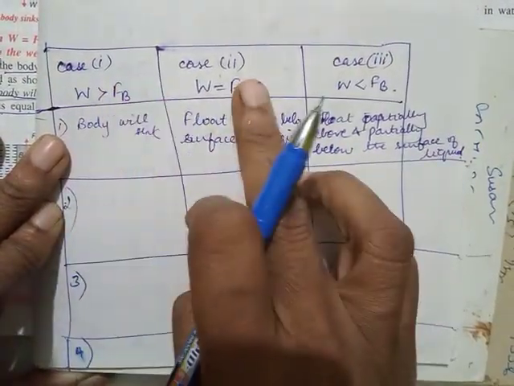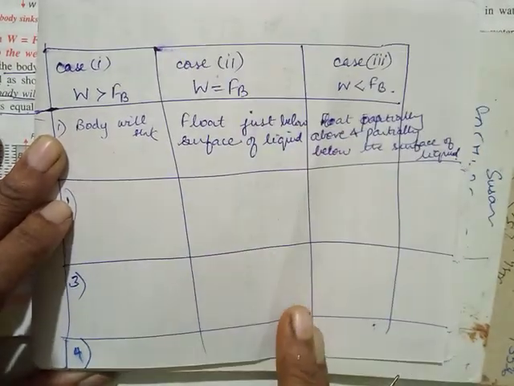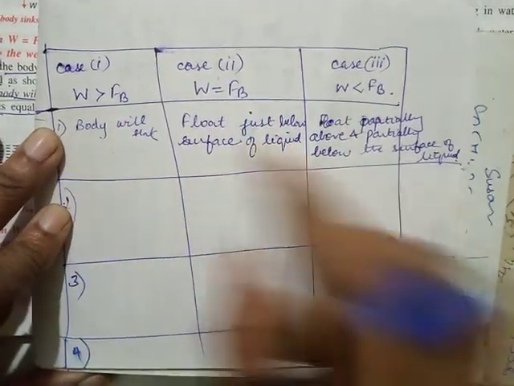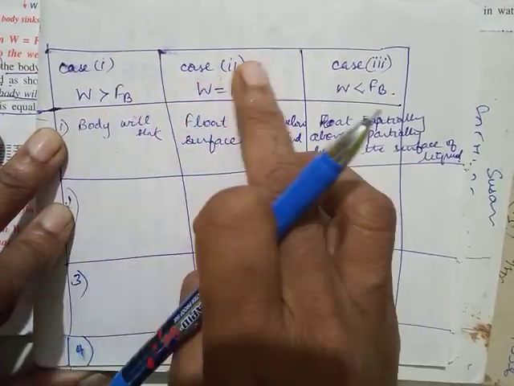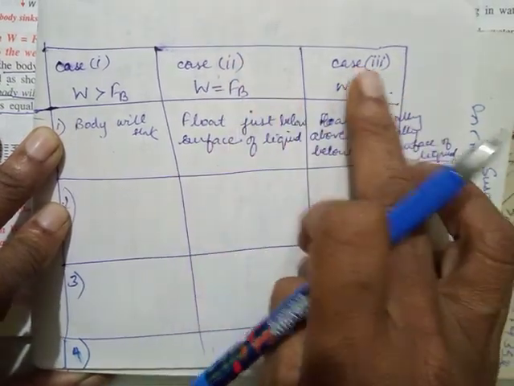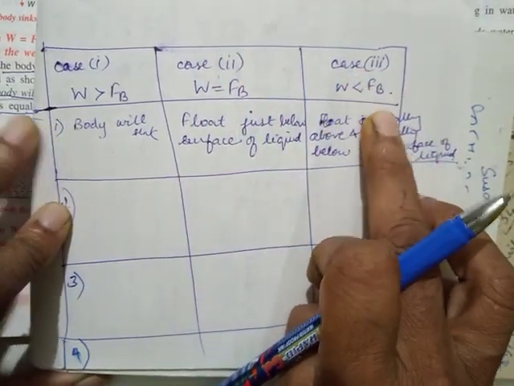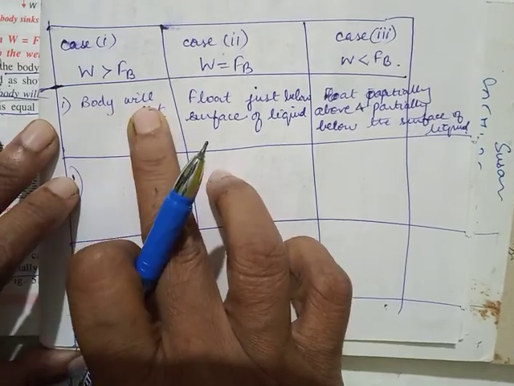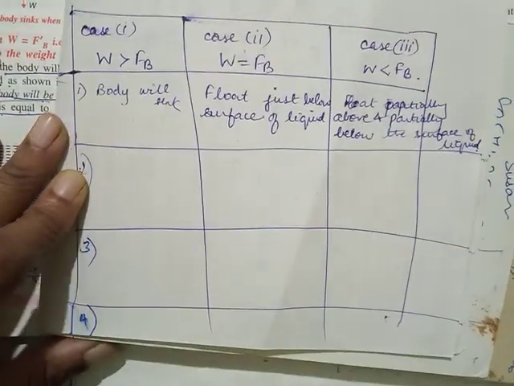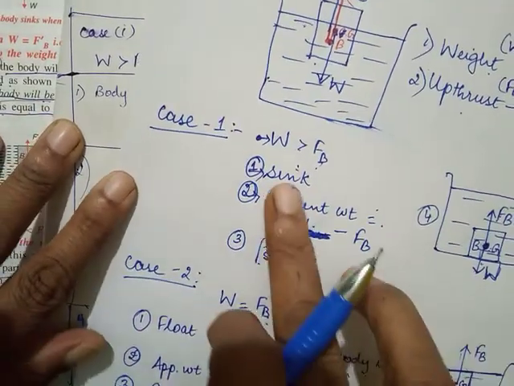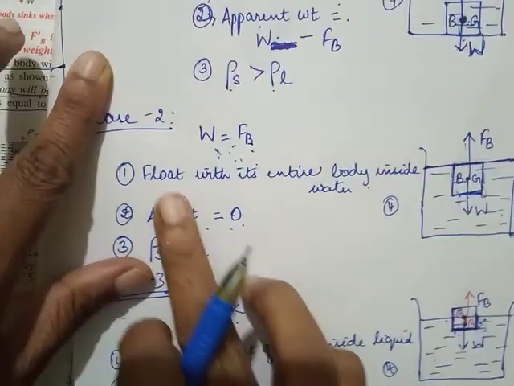So case 1, case 2, case 3. Make 3 columns. Case 1, W greater than FB. Case 2, W equal to FB. Case 3, W less than FB. The first point will be, as I wrote, points 1, 2, 3 for each. First is body will sink. Body will float with its entire body inside water.